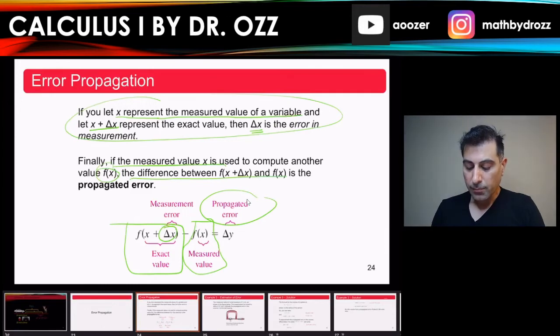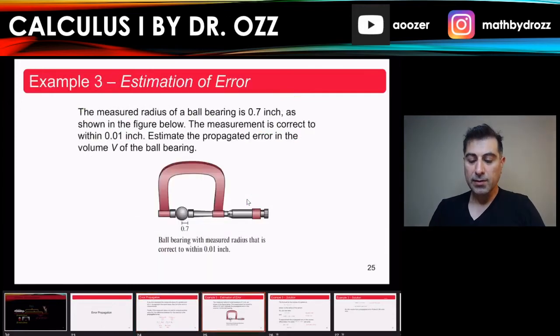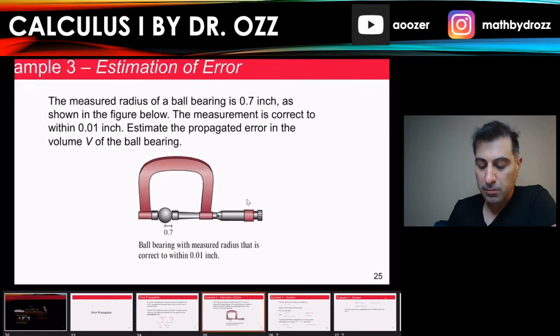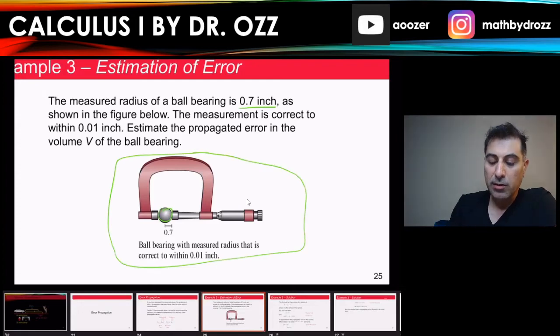A good example for that is a ball bearing. Let's say you're trying to measure the radius of the ball, and you measure that as 0.7 inches. Let's say this device has a measurement error of 0.01 inch. In other words, this value is correct up to 0.01 inch.